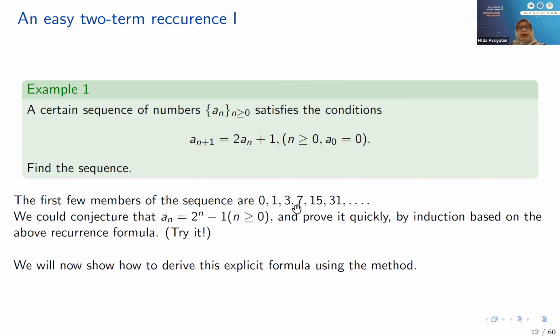Just looking at the first few members of the sequence, we have a good shot at conjecturing that the general formula is a_n = 2^n - 1 for n at least 0. You can check this is correct, and of course you can prove it formally using induction based on this formula.